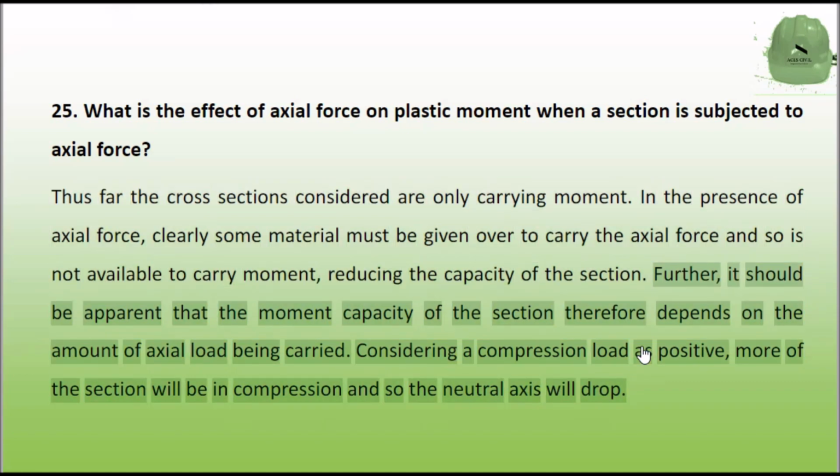Further, it should be apparent that the moment capacity of the section therefore depends on the amount of axial load being carried. Considering a compression load as positive, more of the section will be in compression and so the neutral axis will drop.